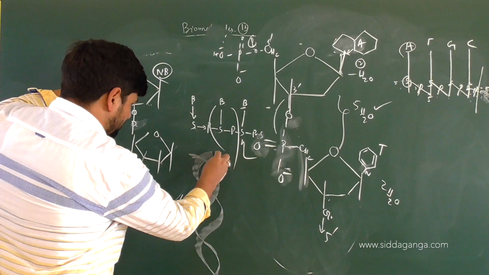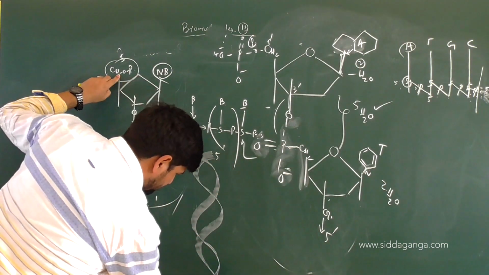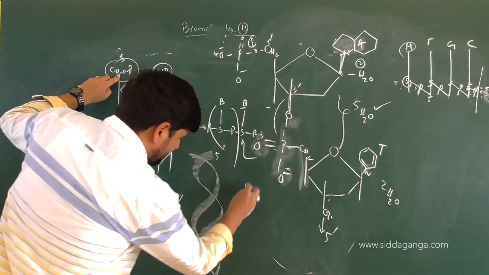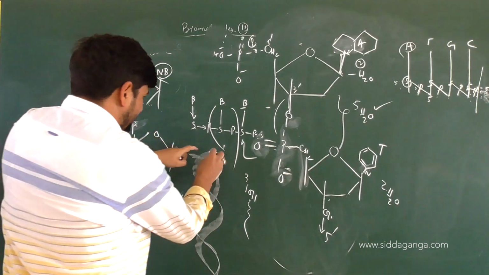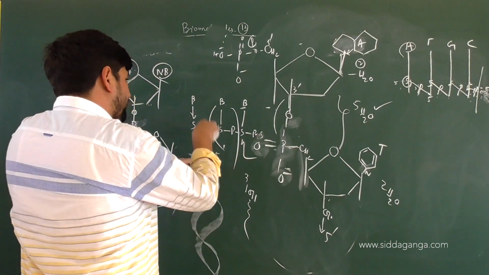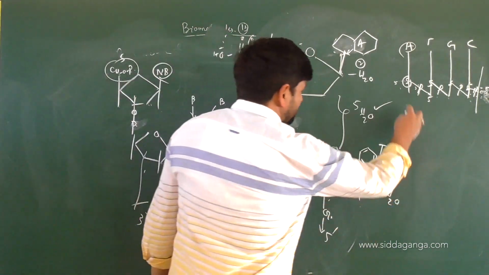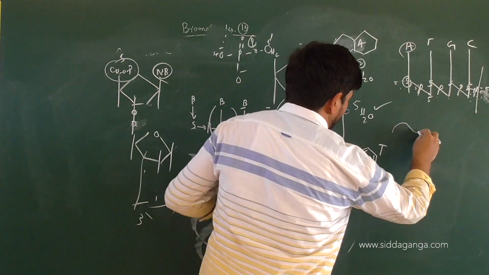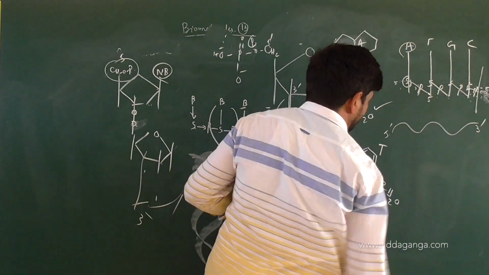So if this is 5 prime, there you write 3 prime. What does that 3 mean? That 3 will have OH free, which can continue the chain, and this 5 will have the phosphate group attached to it, which can continue the phosphodiester linkage upwards. So every time you synthesize the DNA, you will always have the 5 prime end and the 3 prime end respectively.